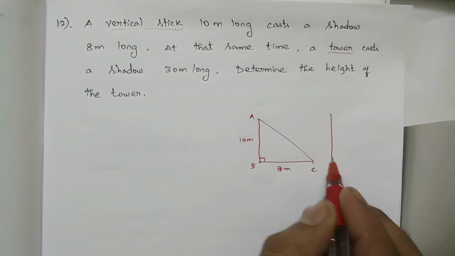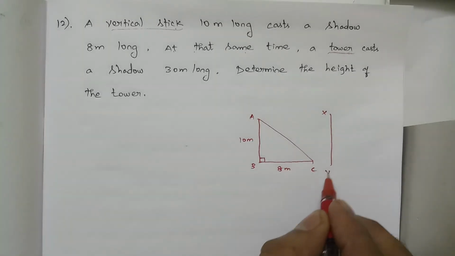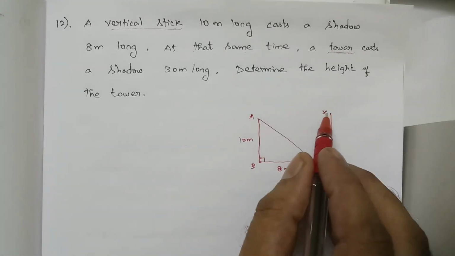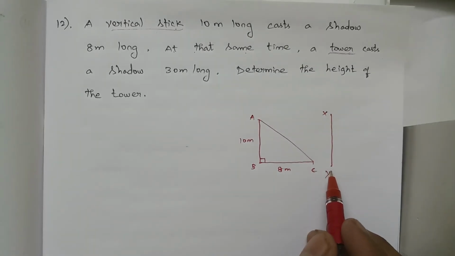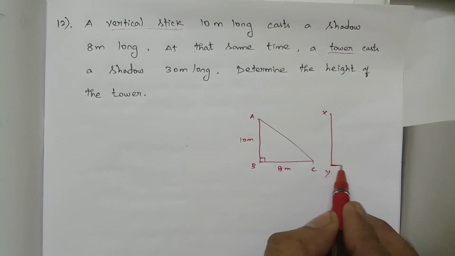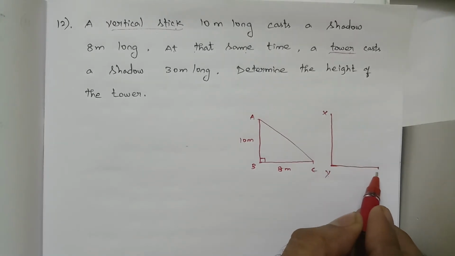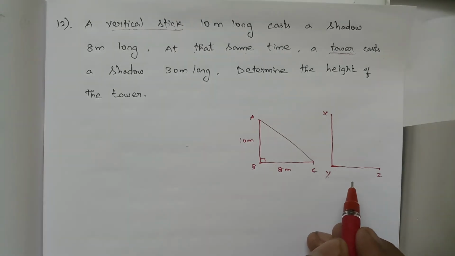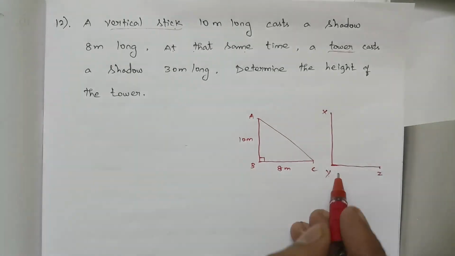I'm taking XY as the tower. The height of the tower is XY. X is the top of the tower, and Y is the foot of the tower. The tower casts a shadow 30 meter long. I'm taking YZ as the shadow, the length of the shadow. How long? 30 meter long.